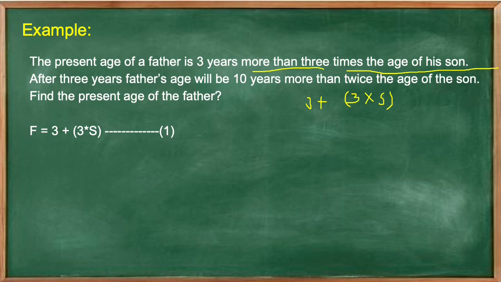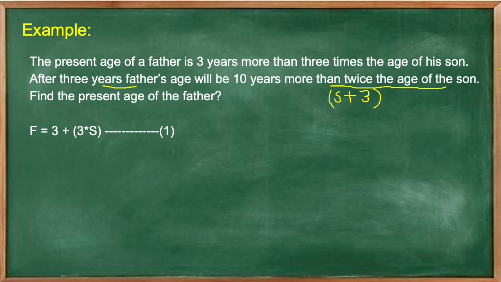Now the second sentence is: after 3 years, father's age will be 10 years more than twice the age of the son. After 3 years means the age of father will be F plus 3 and the age of the son will be S plus 3. Now twice the age of the son means 2 into (S plus 3).